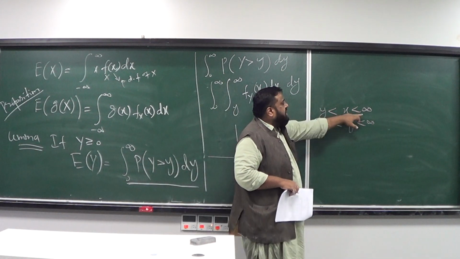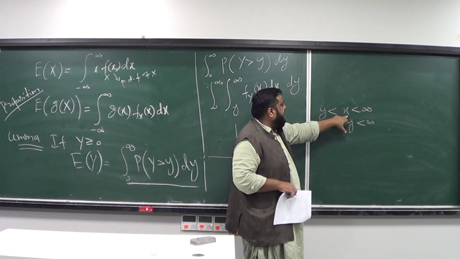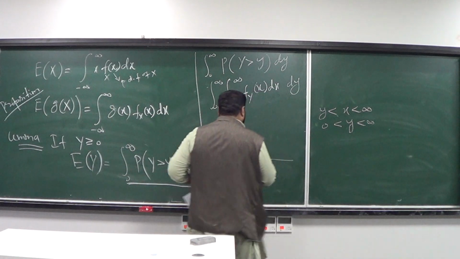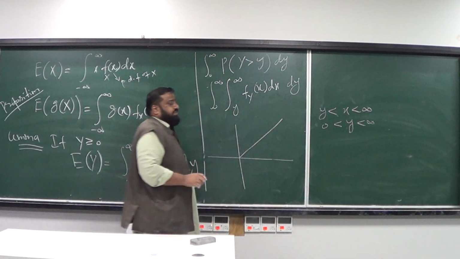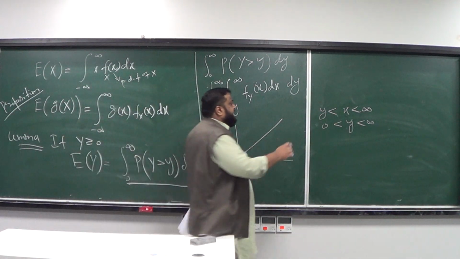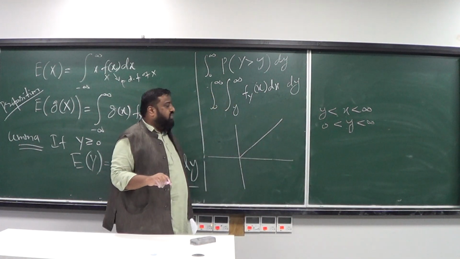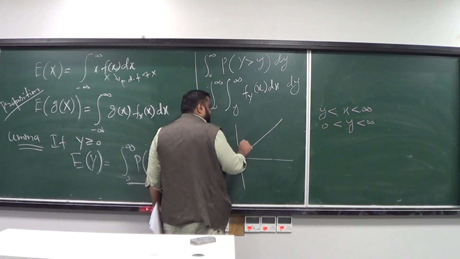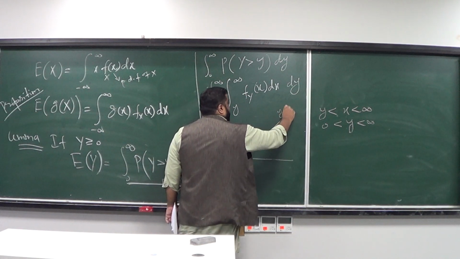So how can I plot this region? y equal to x, so let's plot the endpoint. So what will be y equal to x? It is this line that really bisects the first quadrant. And what is the region that represents y less than x? If I choose a point on the line, this would be y equal to x.